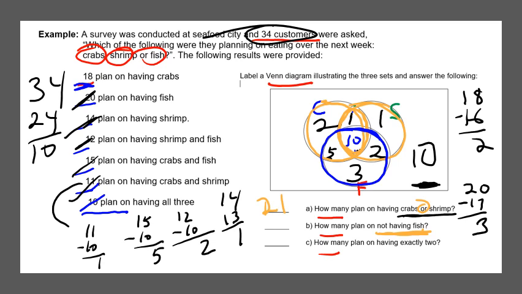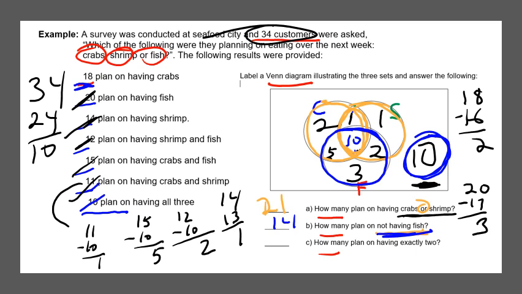Don't forget to include a certain number here. How many are not having fish? Well, 2, 3, 4, right? And a lot of people forget this one, 14, because they're not having anything. People tend to look in the circles. Well, sometimes the number outside of the circle needs to be included, okay? So you're not having fish, 2, 3, 4, 14.